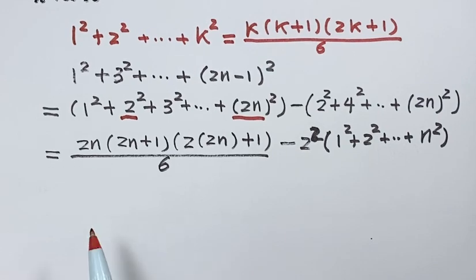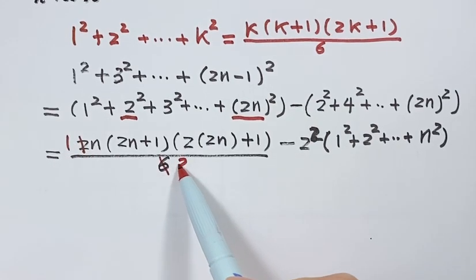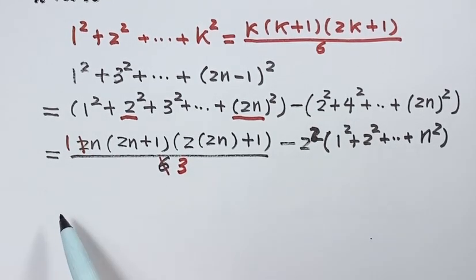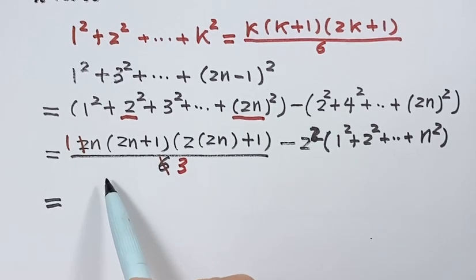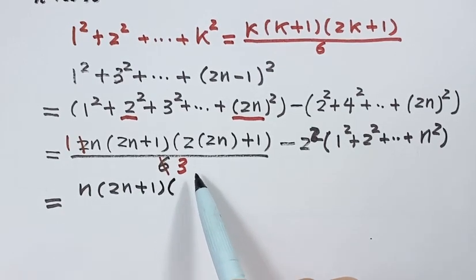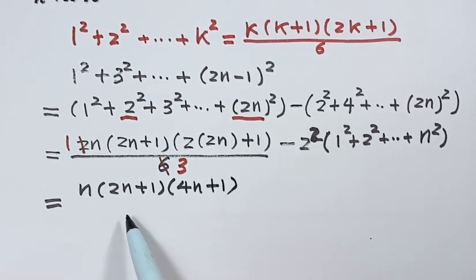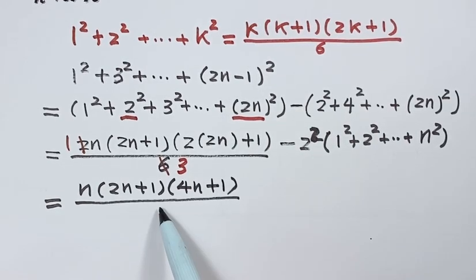For the first term, 2 and 6 cancel the common factor 2, so this is 1 and here is 3. Then copy: n times 2n plus 1, then 2 times 2, that's 4n plus 1, divided by 3.